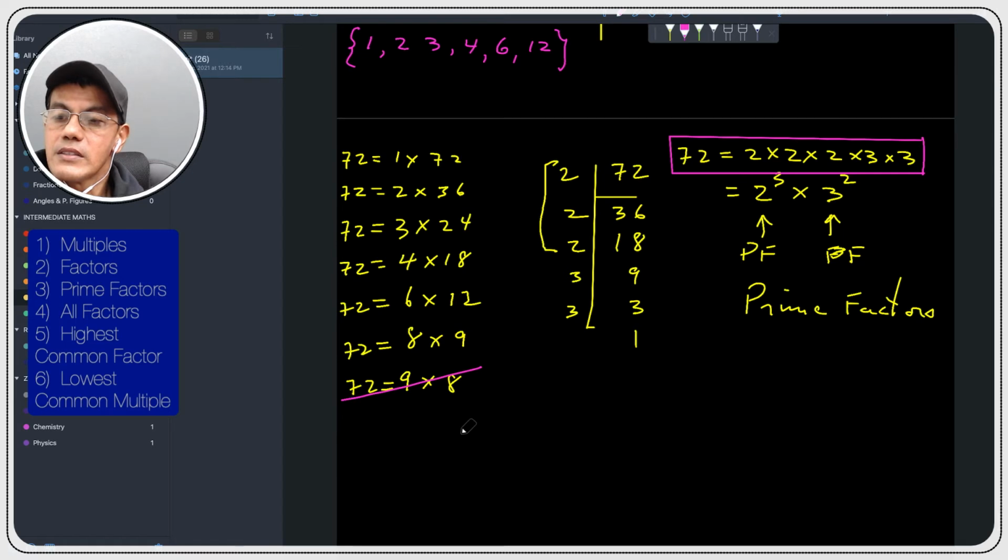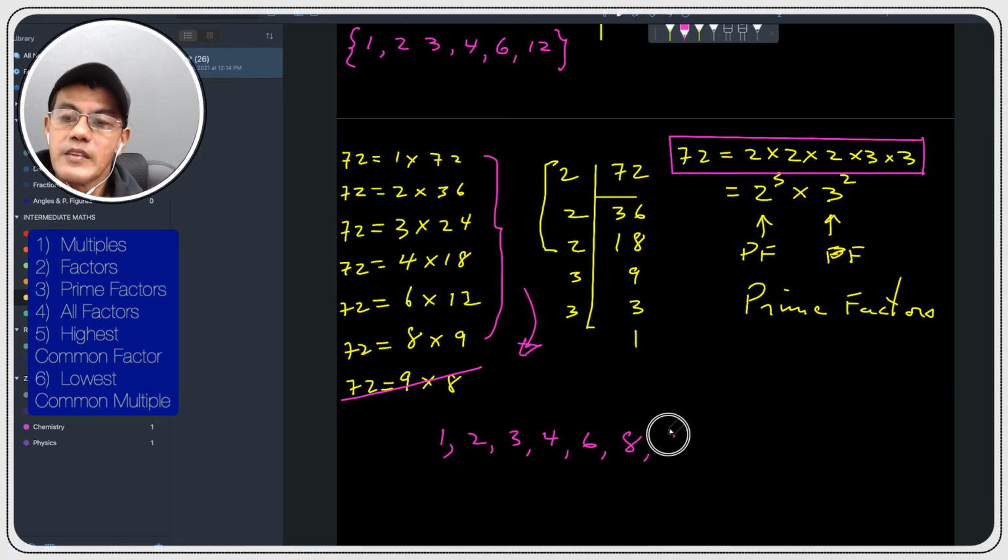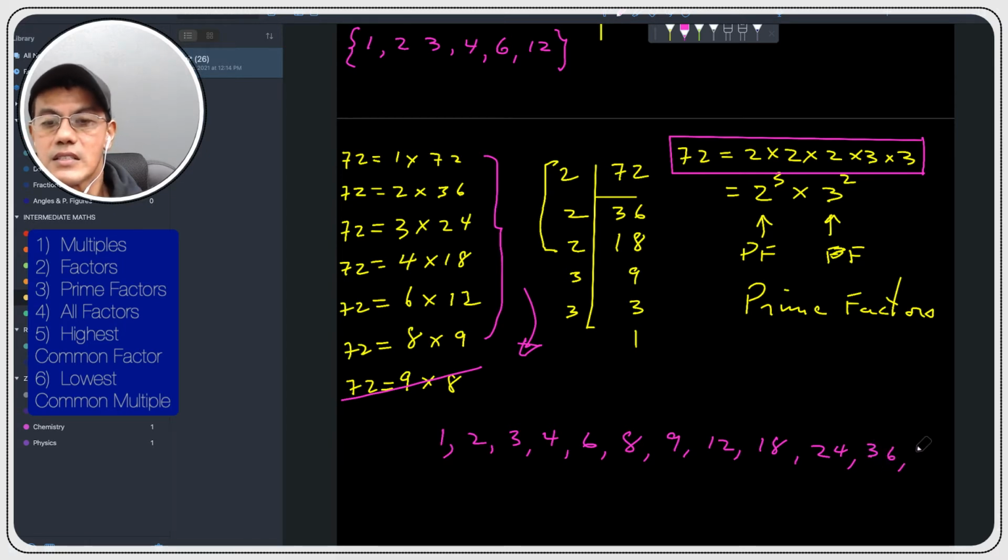So all of our factors now, select from here, will be 1, 2, 3, 4, 6, 8, 9, 12, 18, 24, 36, and 72. And there you go.